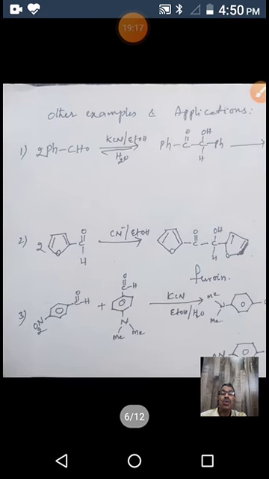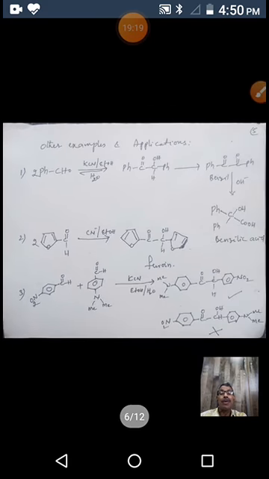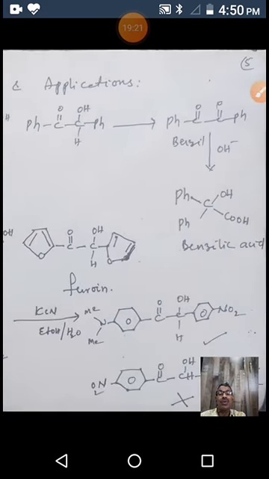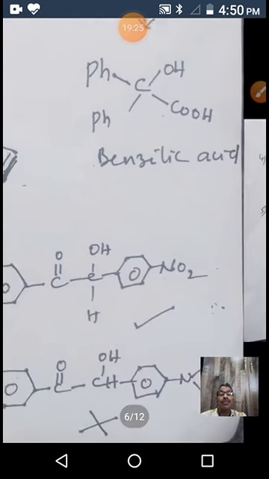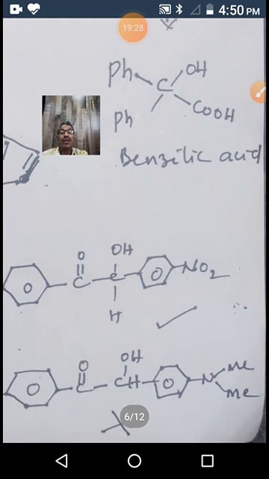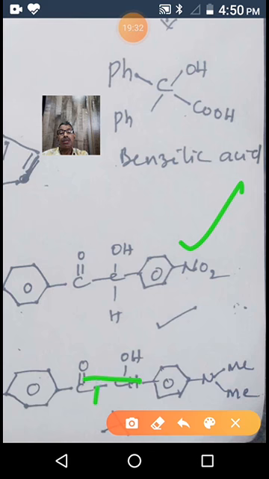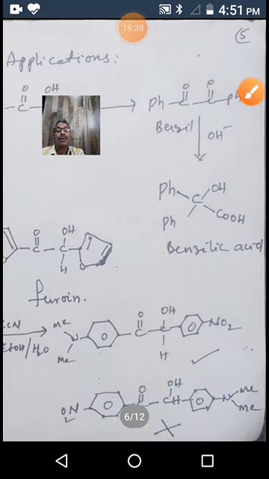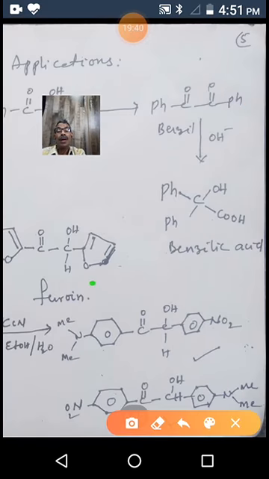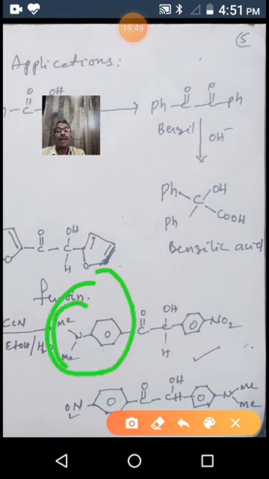So in this reaction we would expect two types of compounds, this one and this one. But this one is not possible. Why? Because the aromatic aldehyde with the electron releasing group like dimethylamine acts as donor.